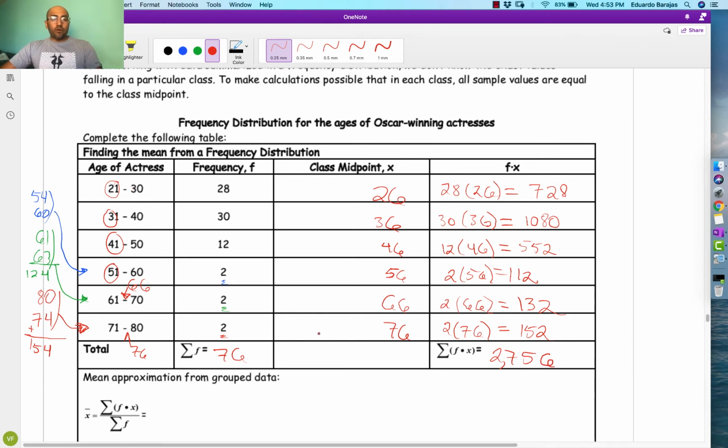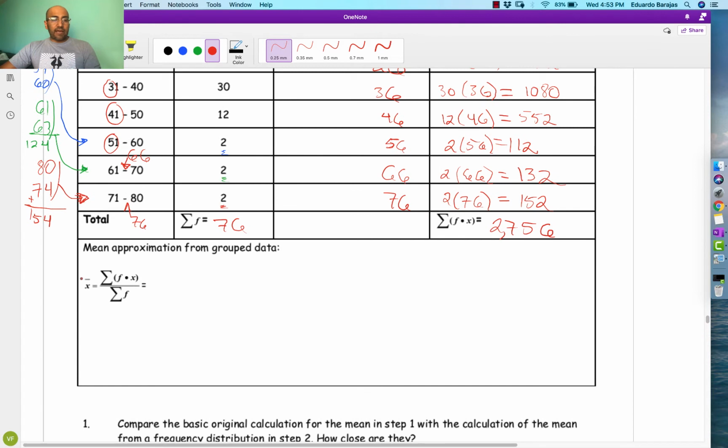Good. So now we just have to fill in this guy. The mean, well, it's x bar if we're dealing with the sample, or it's the exact same formula if we're dealing with the mu, right? Mu approximation, approximately.